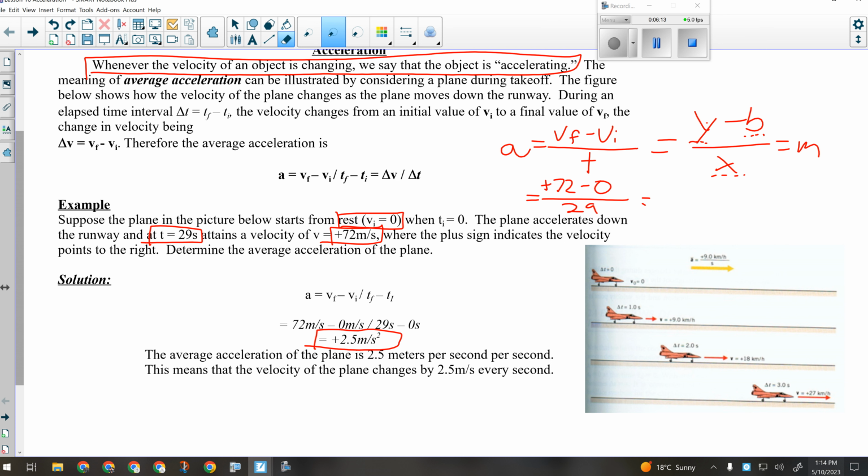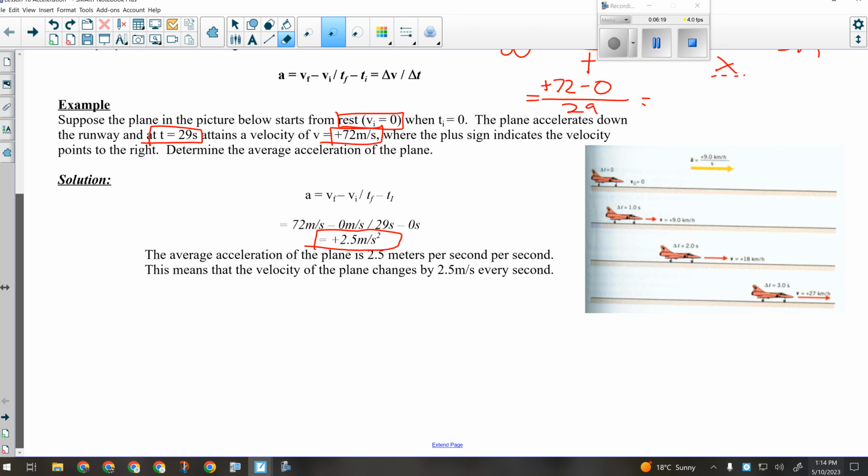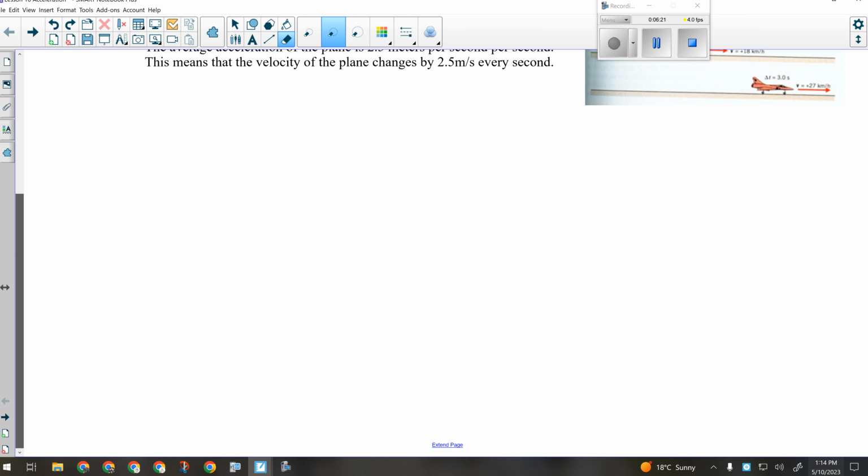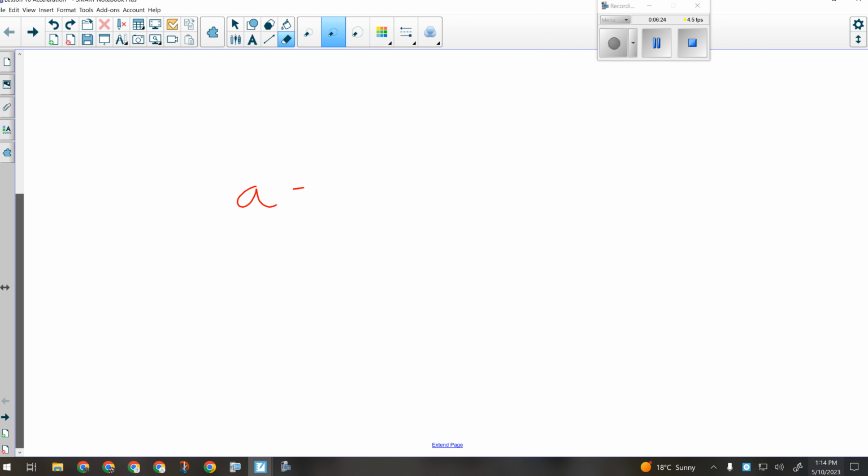Okay, let's look at some algebra here then. What if I want to solve for t? What do I need to do? Can I solve for t if it's on the bottom? I can't. So I need to move t.